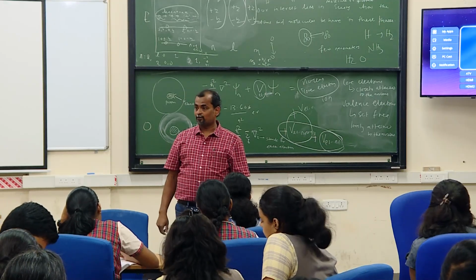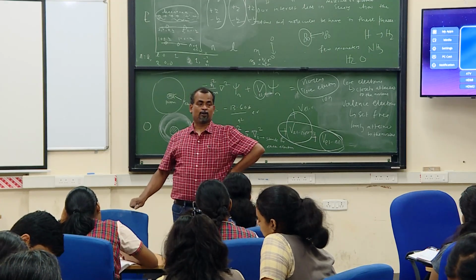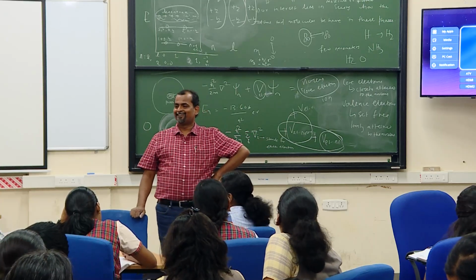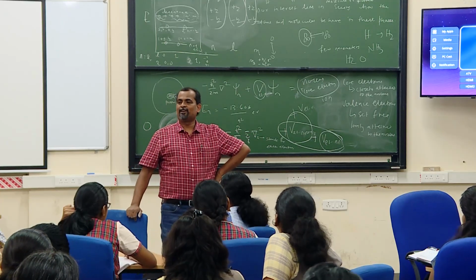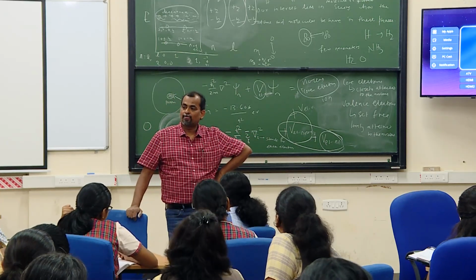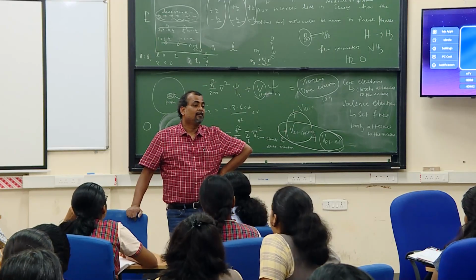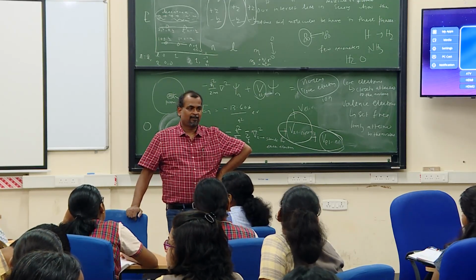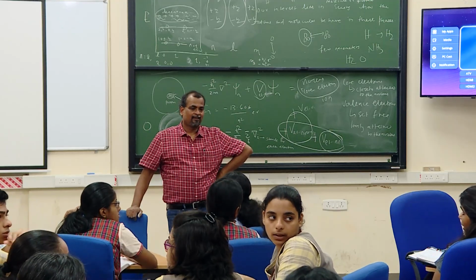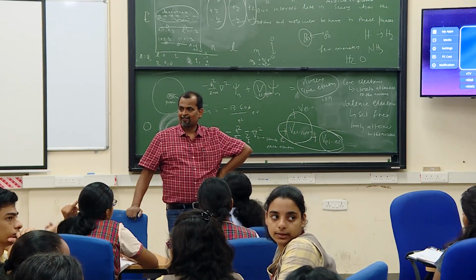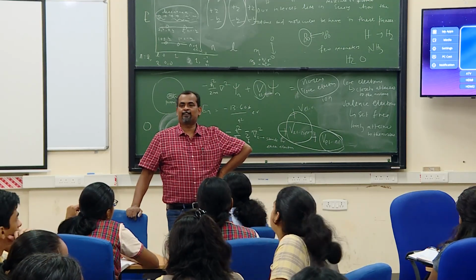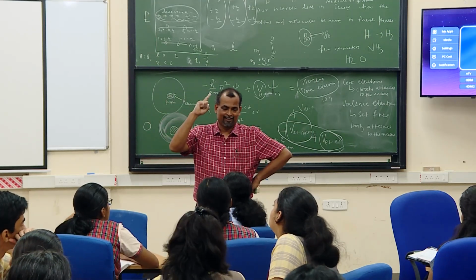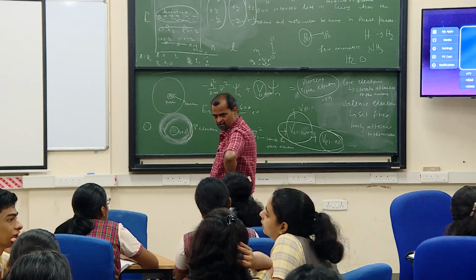Sodium ion, you know, right? What is sodium ion? How many electrons are there in sodium? One sodium atom has 11 electrons.